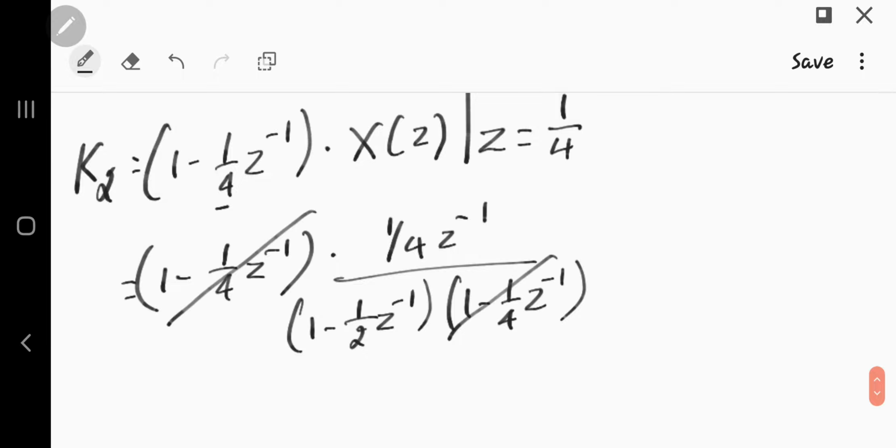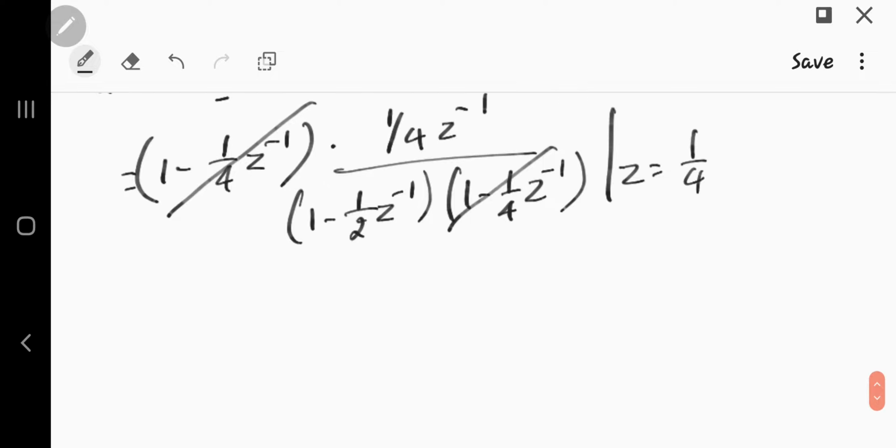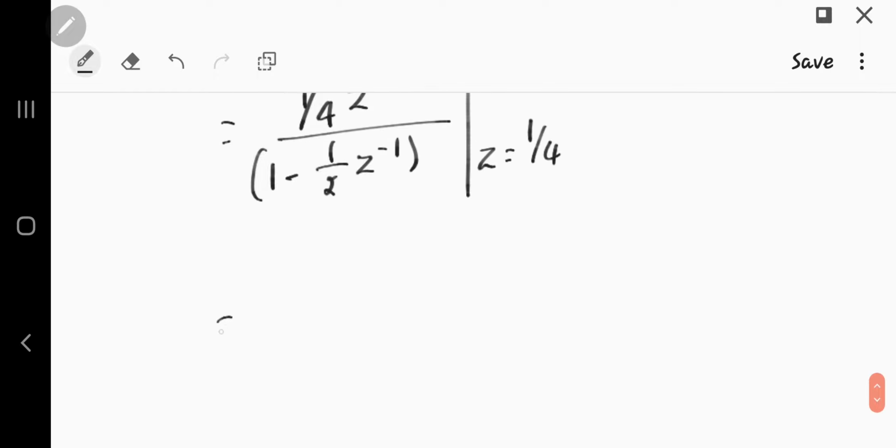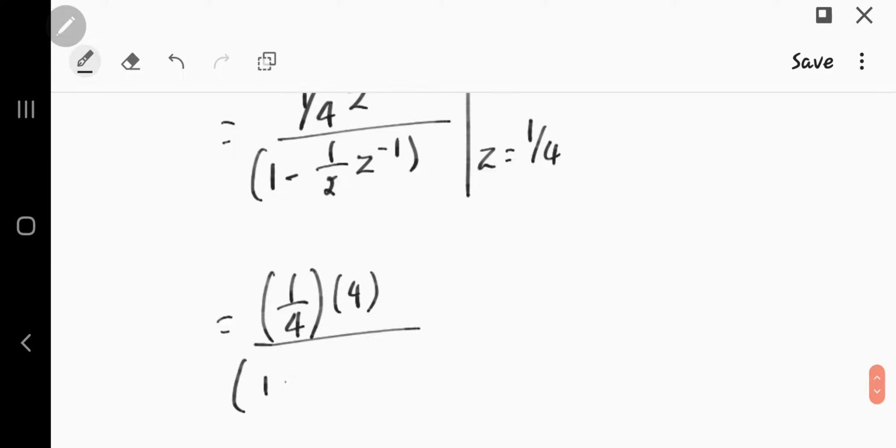So these two will get cancelled. So we'll remain with 1 by 4 z inverse divided by 1 minus 1 by 2 z inverse, where z takes the value 1 by 4.